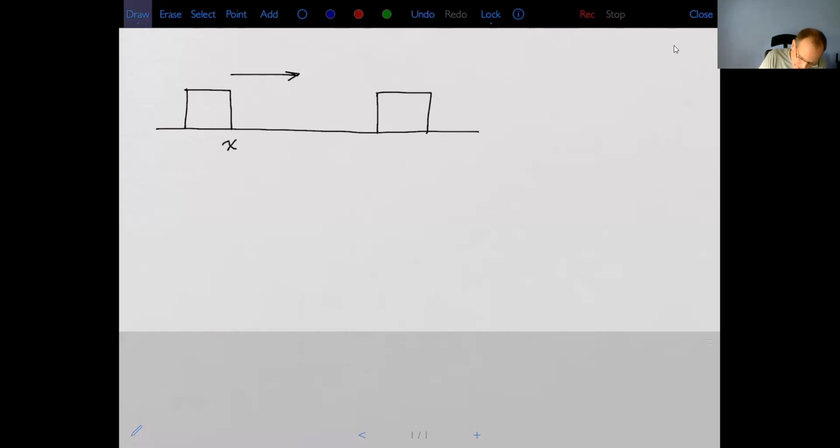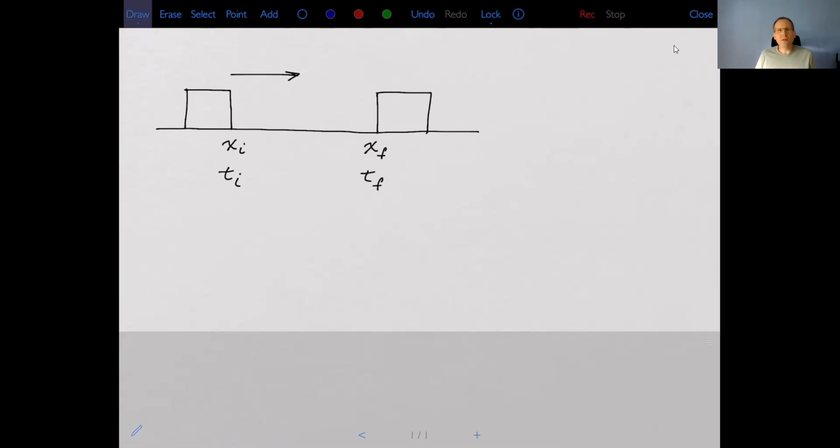I'll just call it xi for initial. And then later, it's at some final position. I'll call it x final. And when it's at the initial position, there's some particular time. So I'll call it t initial. And then at the final position, there'll be a new time, t final.